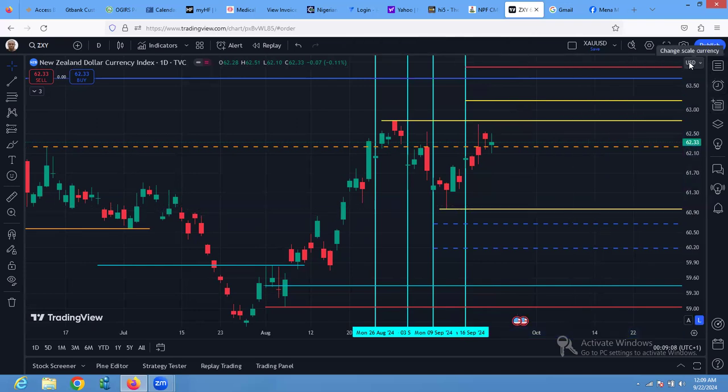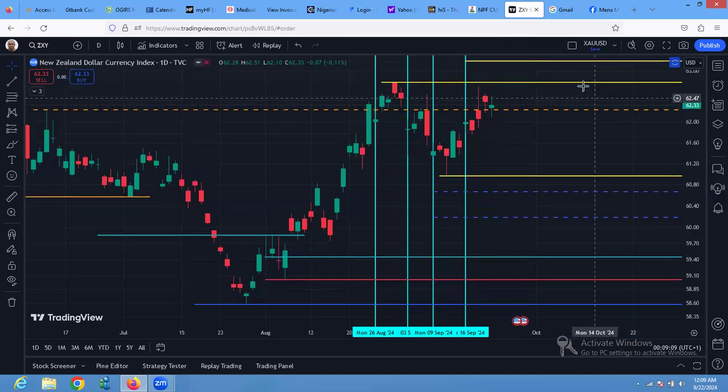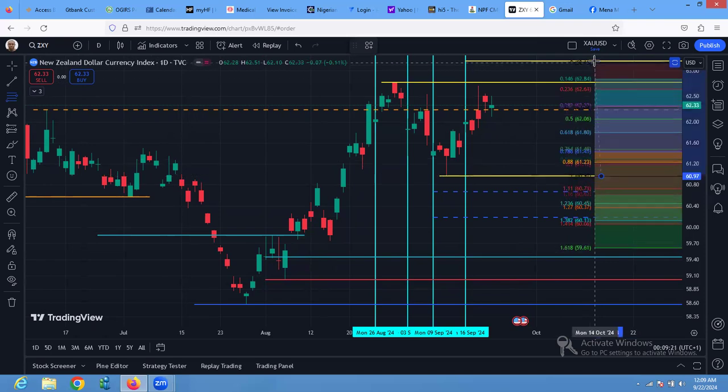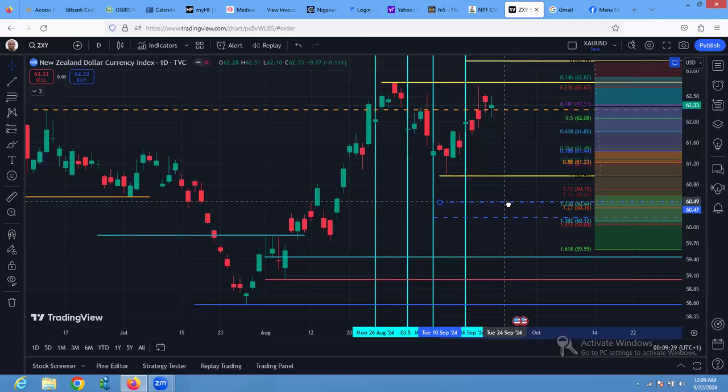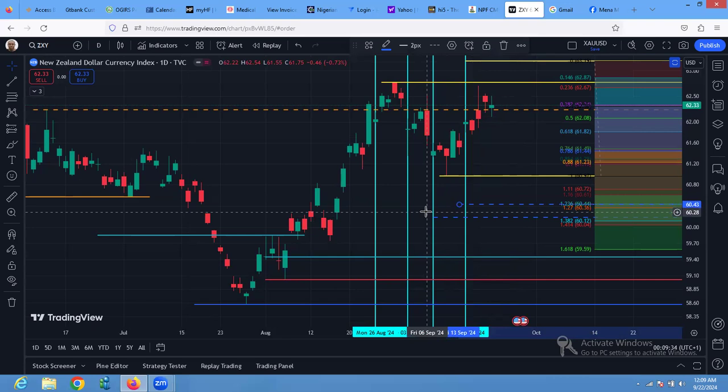So now, if we get a reaction around this area, then we should be expecting an extended flat to the downside from here to this point. We may just see price hitting this area later to bounce up, and that may look more likely to play out around this area.